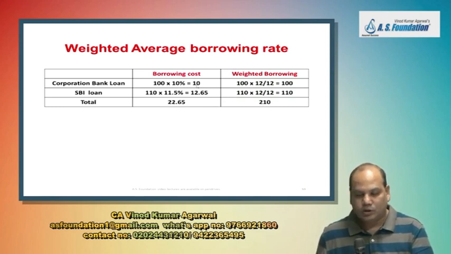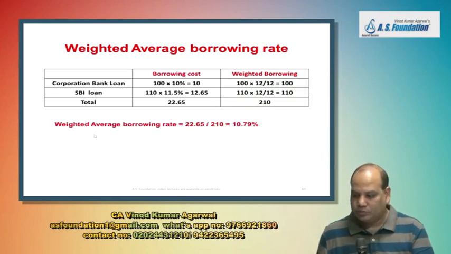So my total borrowing cost is 22.65 and my weighted borrowing is 210. So what you do, you write down below, therefore weighted average borrowing rate is 22.65 divided by 210, which is 10.79%.